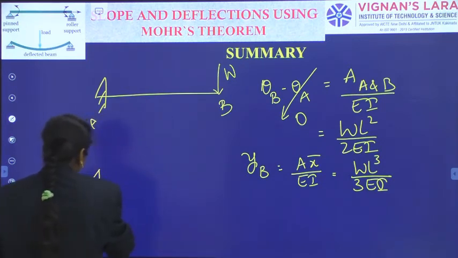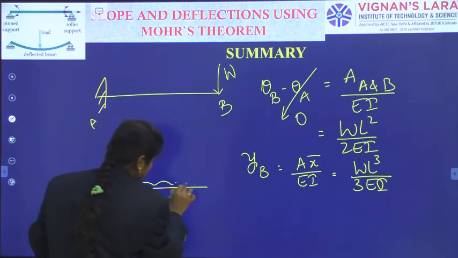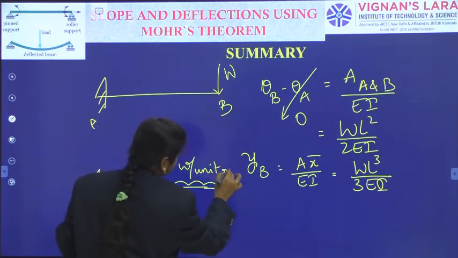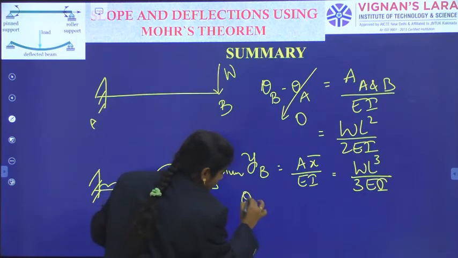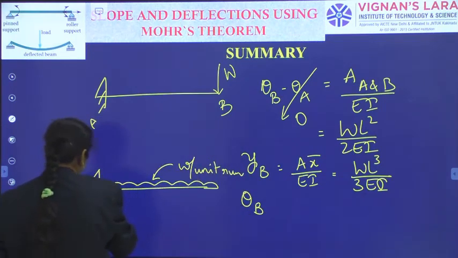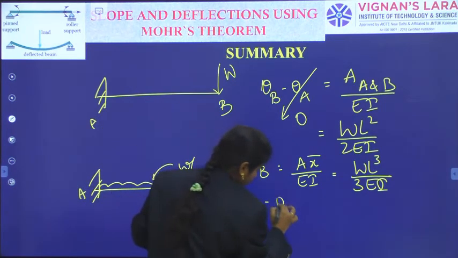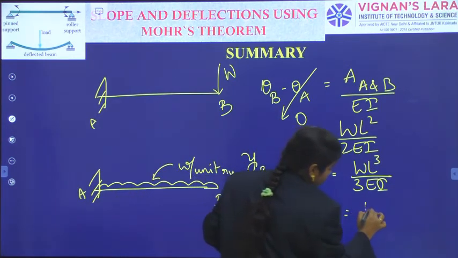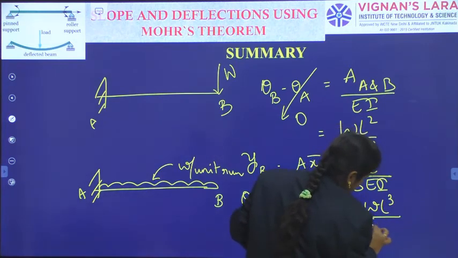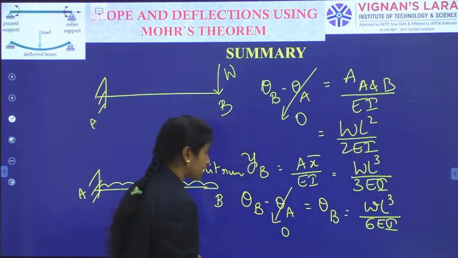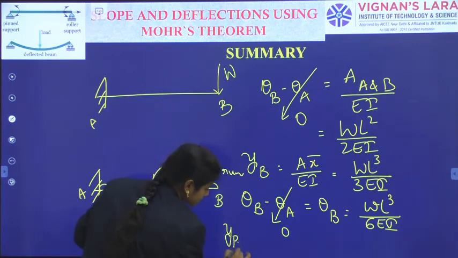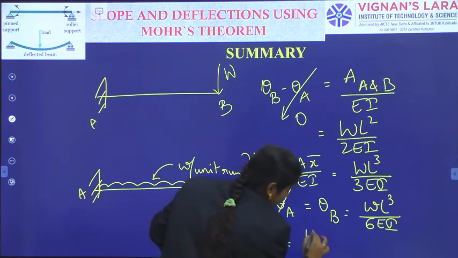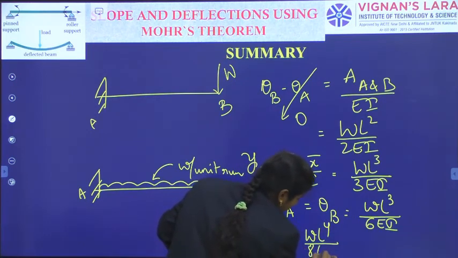And then a cantilever beam with UDL over the entire length, which is W per unit run, and also we have theta B minus theta A. As at the fixity there is no slope, theta B is equal to WL cube by 6 EI, and then the deflection is equal to A x bar divided by EI, which is equal to WL power 4 by 8 EI.